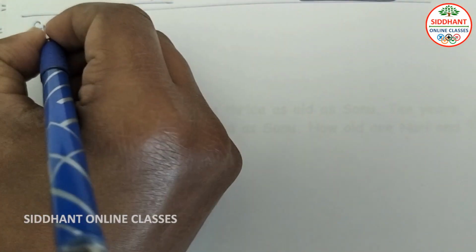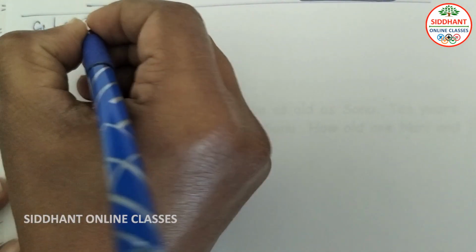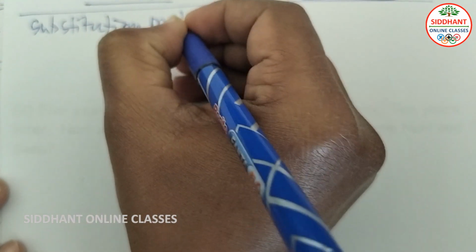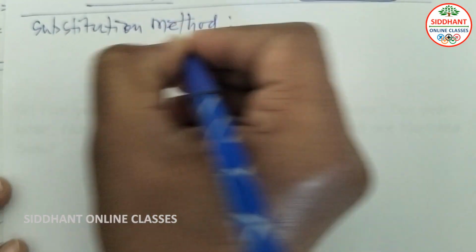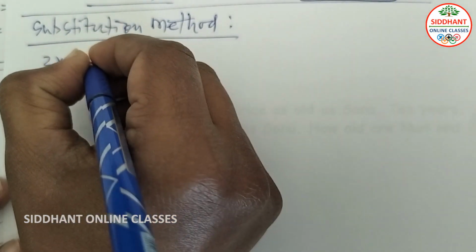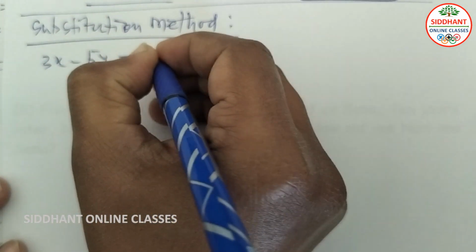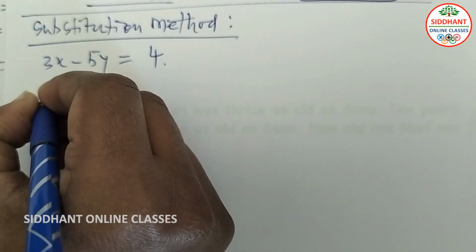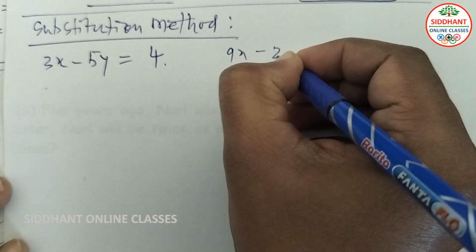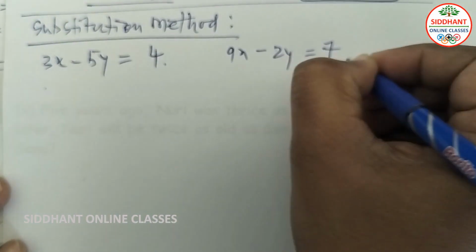Now substitution method. In the substitution method, we are going to find the x and y values. Now the first equation we know, 3x minus 5y equals 4, and the second equation, which is 9x minus 2y equals 7.